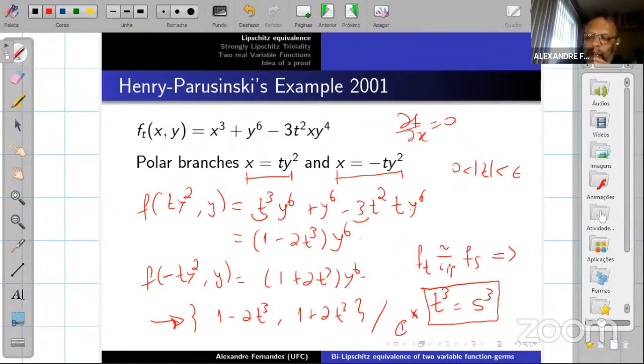So most of the results were to show how you can show that two functions are Lipschitz equivalent? And at the end of the day, the only machine you had to prove that was by integrating vector fields. So most of the results were to find vector fields that build a Lipschitz flow that conjugates two functions.